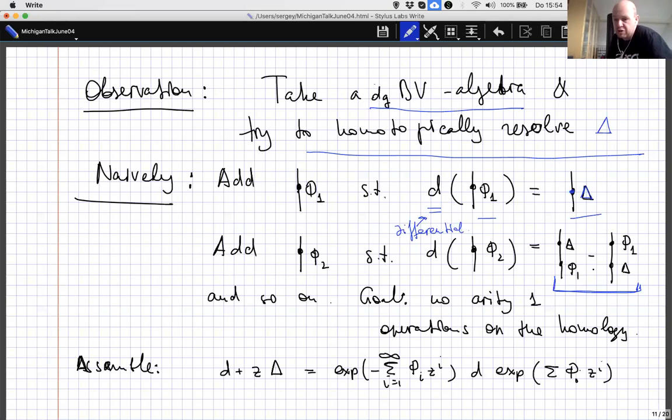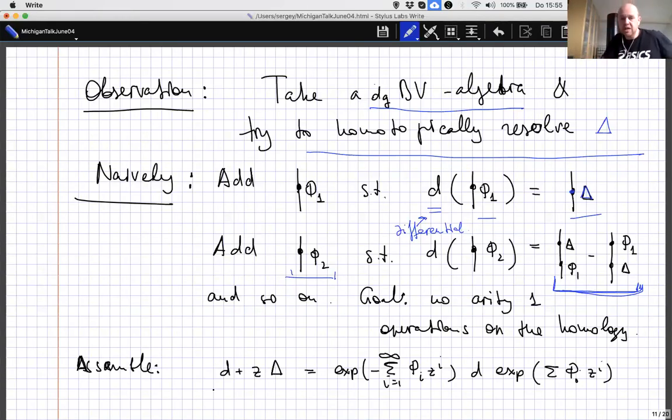So I want to introduce an extra operator to kill this extra cycle that I occasionally added. Then I can present another cycle that I possibly added, and I want to kill it as well, and so on. What I'm doing now is that I really don't want to have any non-trivial operations if I pass to cohomology of phi1. So I kill all of them consecutively, right?